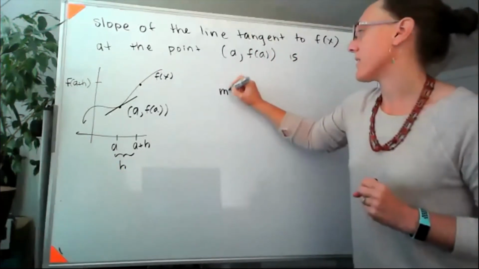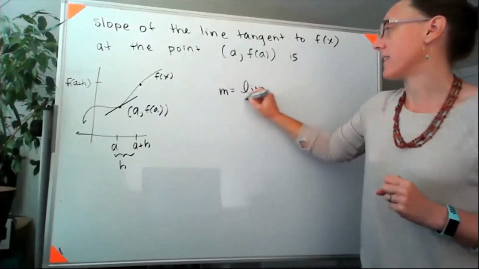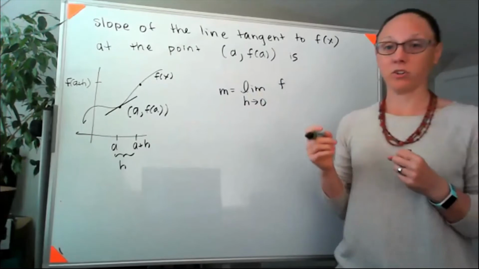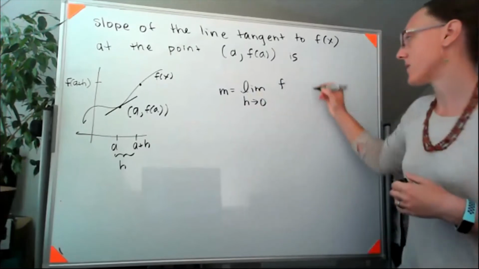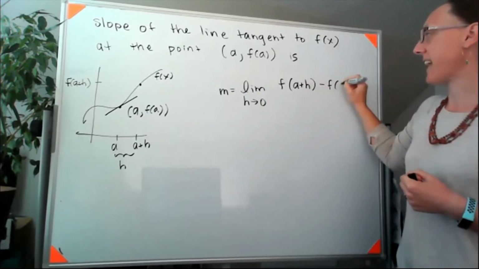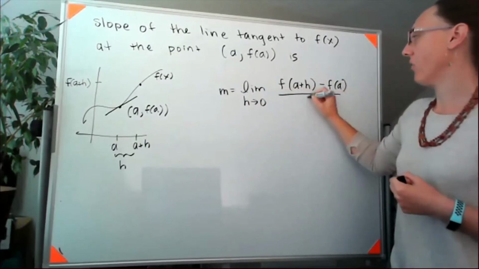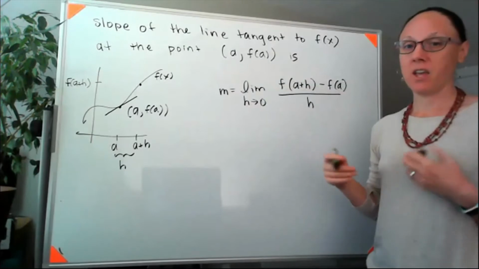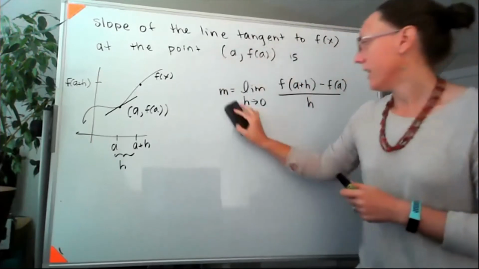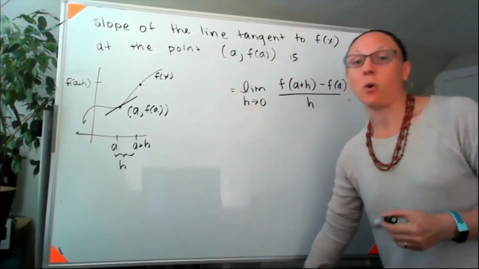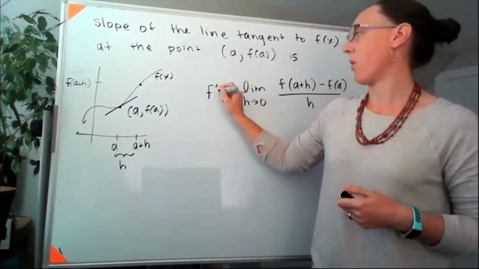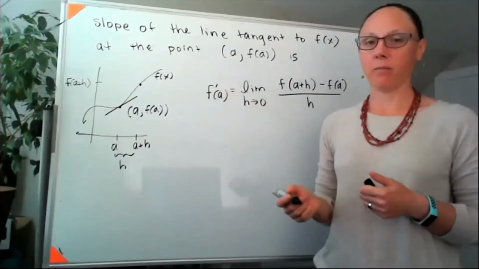So we would get that this slope is the limit as h approaches 0 of, and then we're doing change in y over change in x, so I'd have f of a plus h minus f of a all over h. And we talked about notation, that's the slope, but notationally, we can also write that as f prime of a.